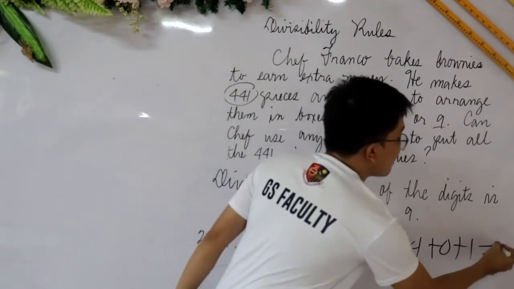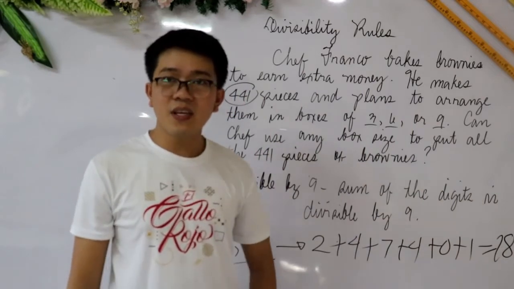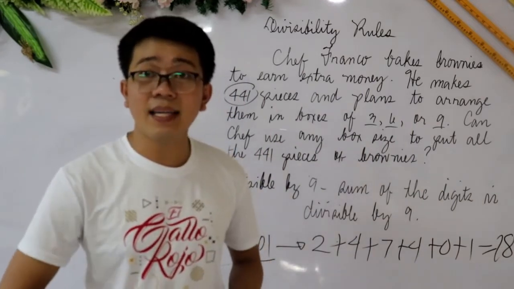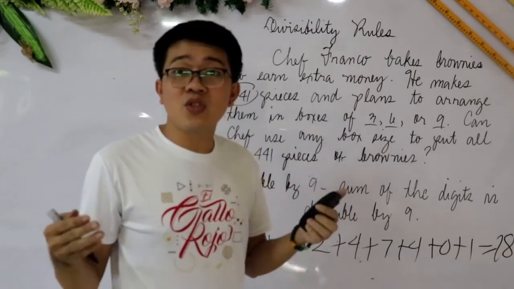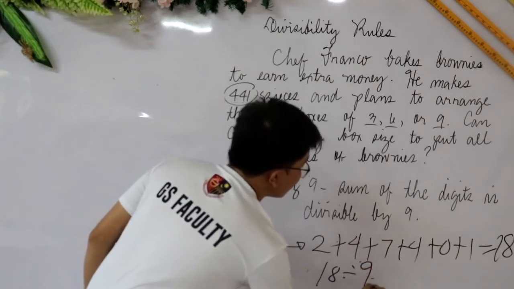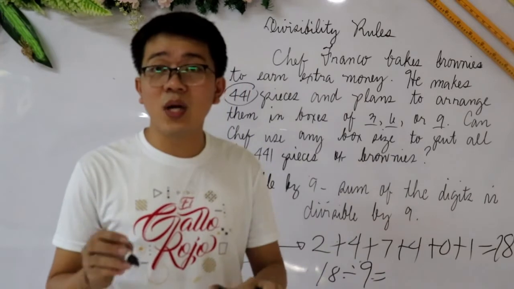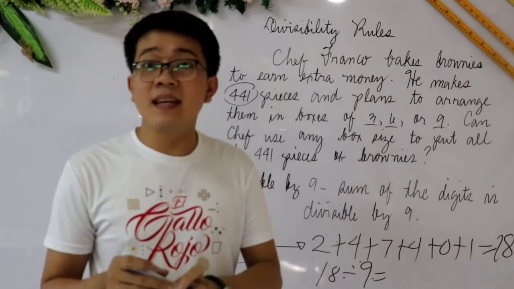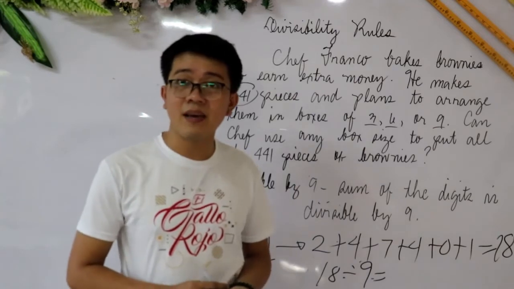The sum is 18. Now, do you think 18 is a multiple of 9? Or do you think 18 is divisible by 9? If you try to divide 18 by 9, do you think it can give us an exact quotient without the remainder? What is 18 divided by 9, by the way?